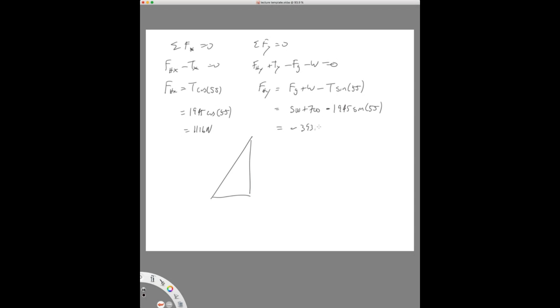Okay. So that means that the way we drew the force in the beginning was a little bit wrong. The y component should have been negative, and not that big, so maybe something like this.